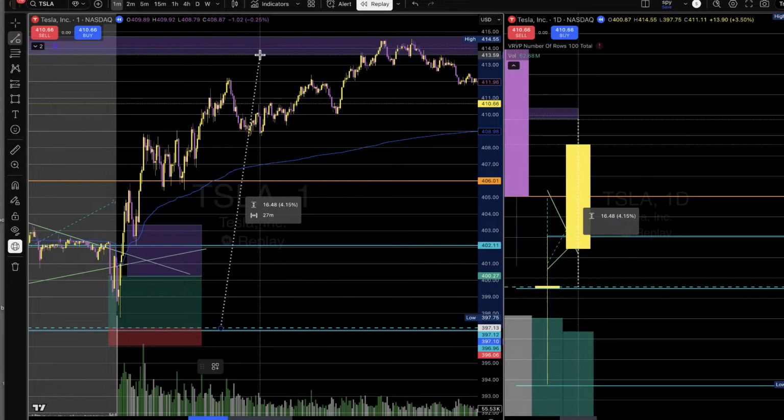So 5 contracts would have been taken, each at 10. 10 times 5 times 16, so 50 times 16.